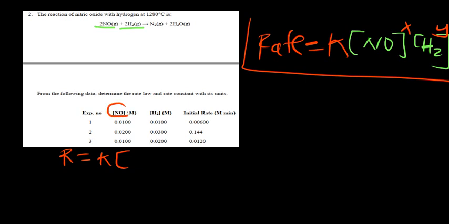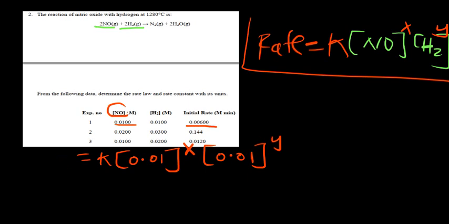I have 0.01 raised to a certain power that I don't know, x, and then the other reactant is 0.01 as well, to the power y. Then the rate has been given as 0.006. So where there is r there, I can remove it, and then I'll put 0.006.